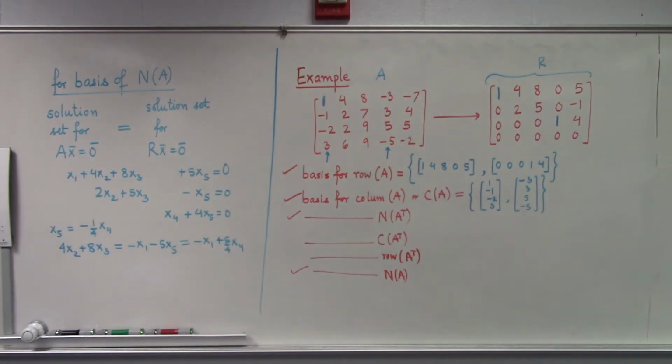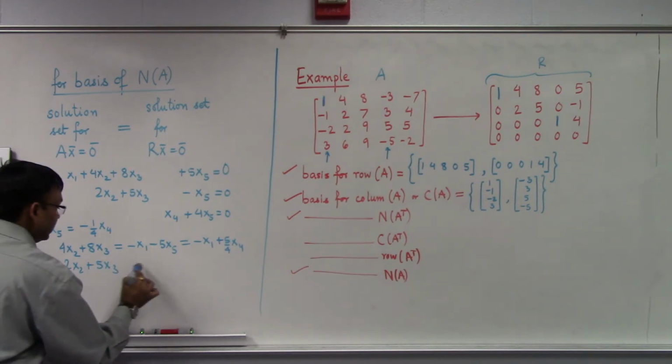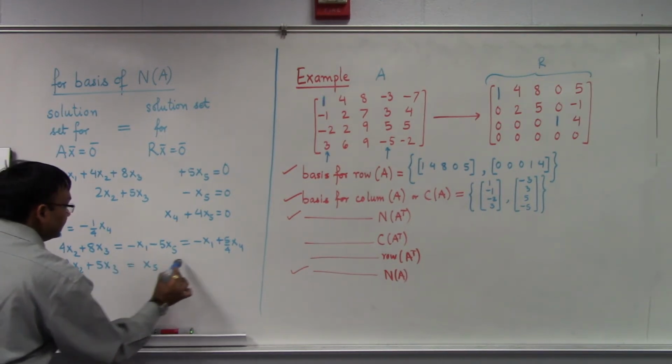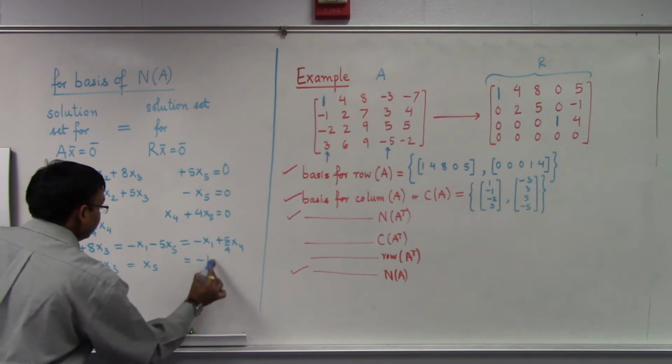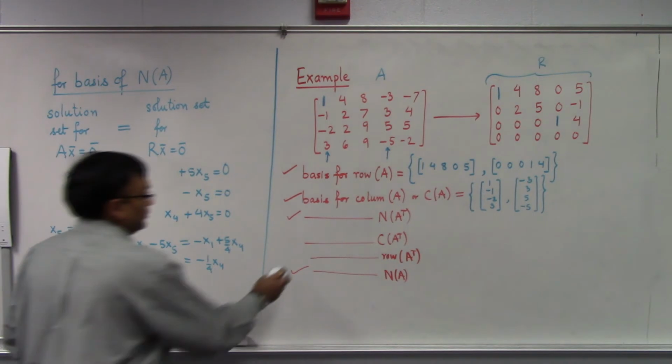So as you can see, I have expressed x2, x3 also as a linear combination. Then from the second equation, I will have 2x2 plus 5x3 is equal to x5, which is the same as minus 1/4 x4. So from here, you can try to find out whatever x2 and x3 are and find the answer to the null space.